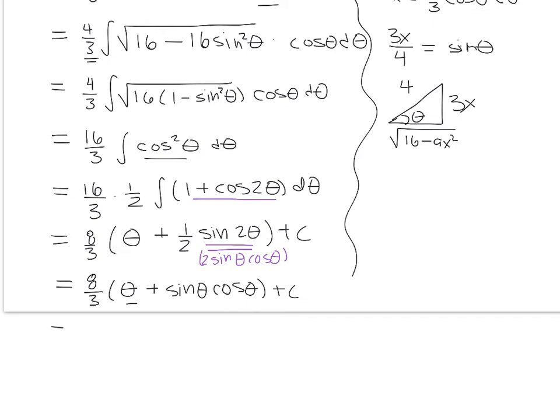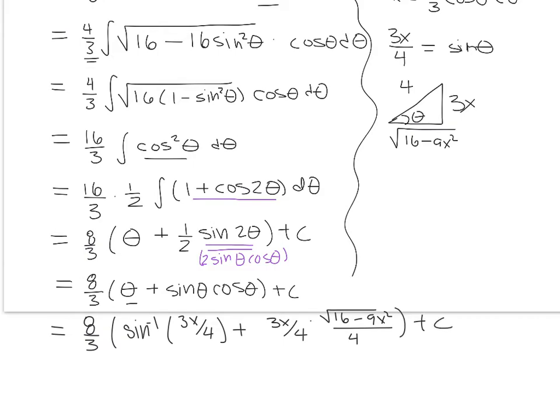So our final answer is 8 thirds sine inverse of 3x over 4 plus, now sine of theta is 3x over 4. Cosine of theta is adjacent over hypotenuse, so root 16 minus 9x squared over 4 plus c.